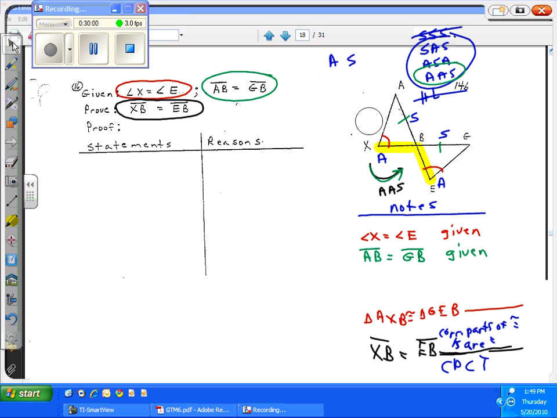So let's go back and think about that. If we were to try to go this way, we would need a mark on XA.